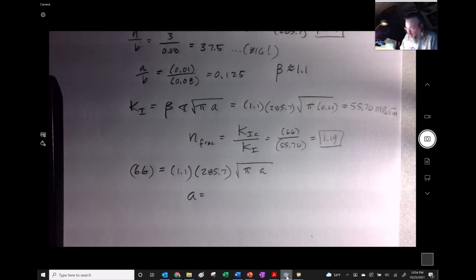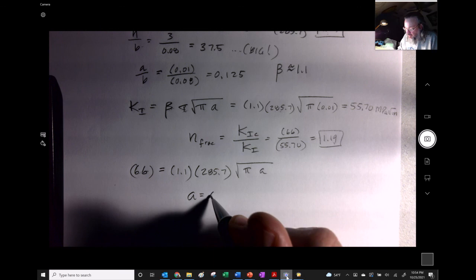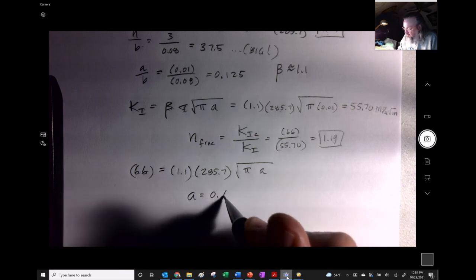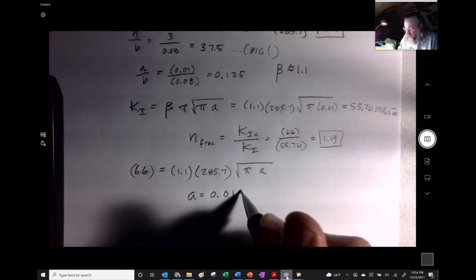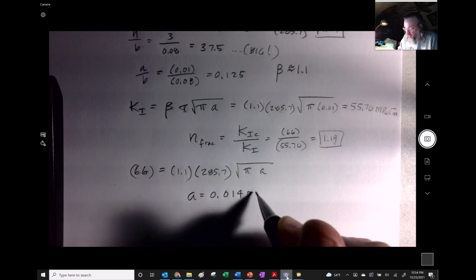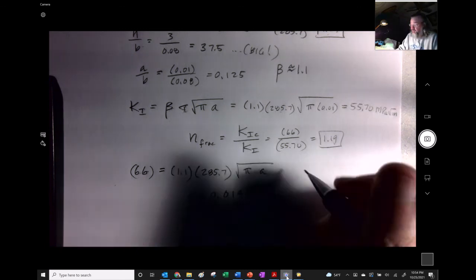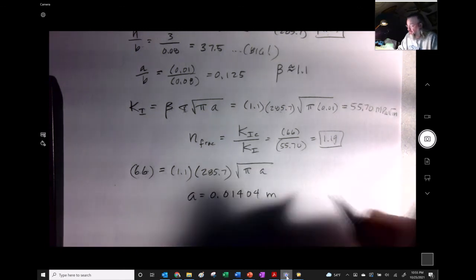We want to square that, and then we want to divide it by pi, and I get 0.01404, right? And that should be in meters.